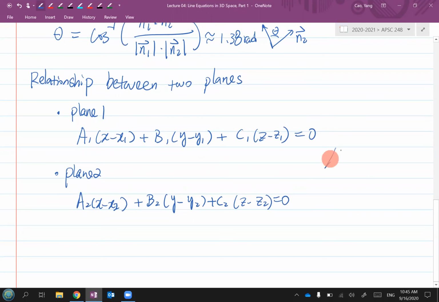For the first plane, you have a plane like this, and a normal vector given by (a1, b1, c1). Then you have a point (x1, y1, z1) on the plane. Let's call it P1.